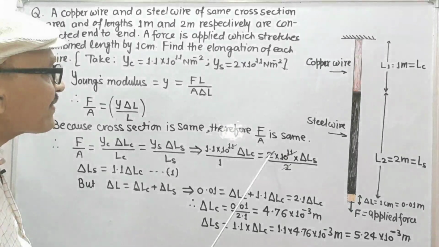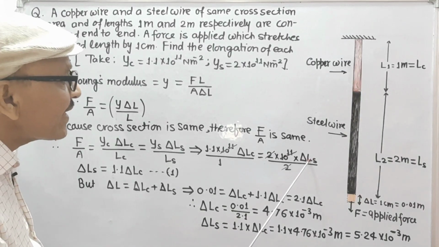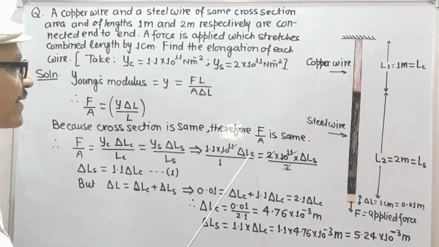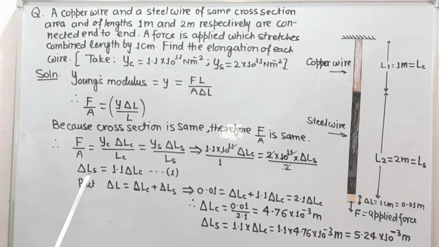Also, this 2 cancels this, and we get delta L of steel is equal to 1.1 into delta L copper. Suppose this is equation 1.